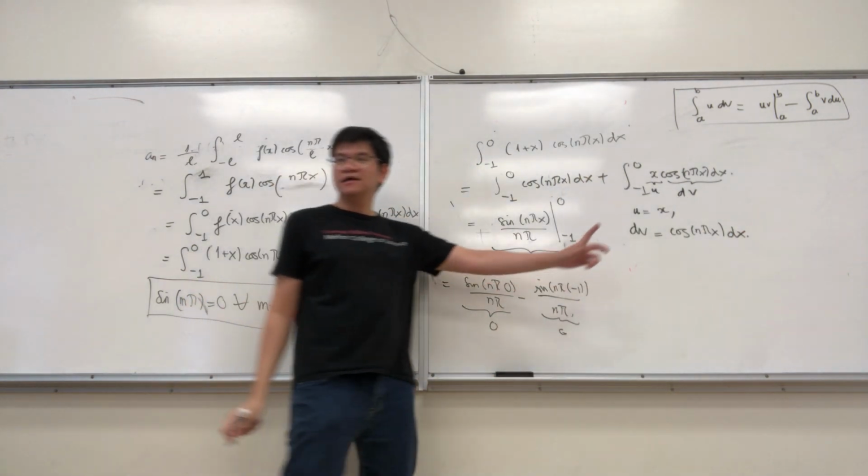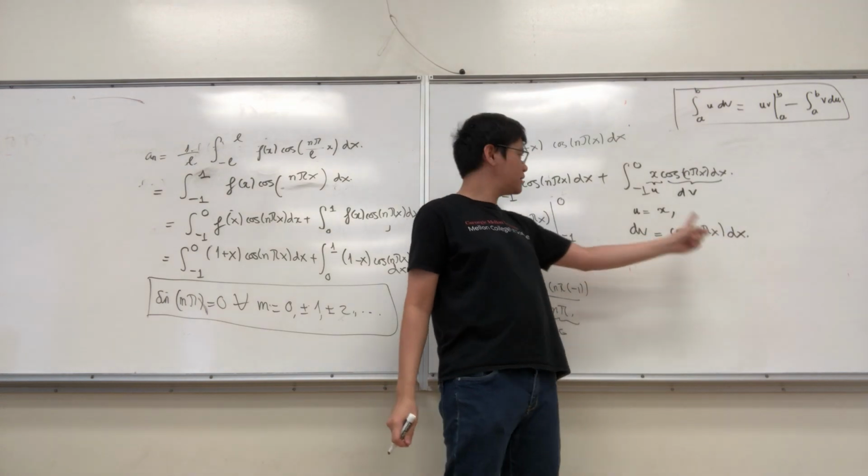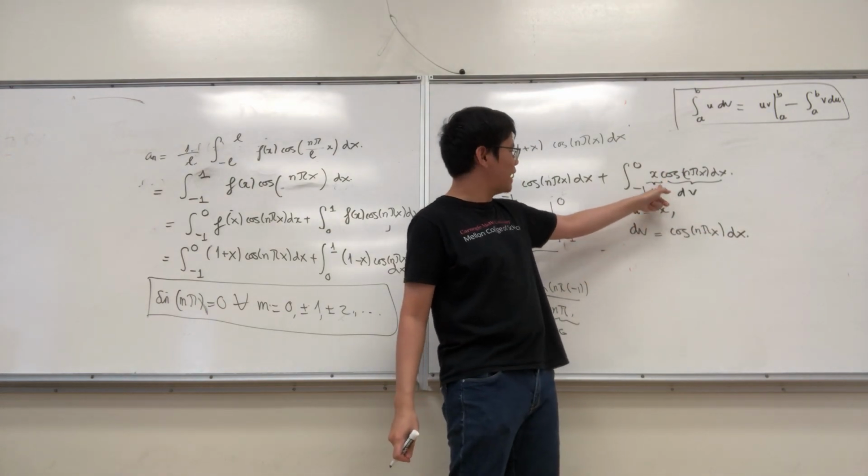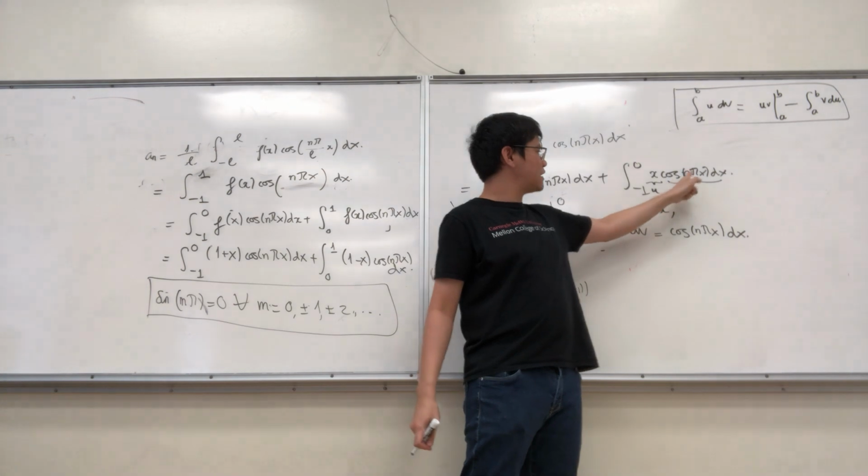So I'm going to use this integration by parts. Here, u will be x, and dv will be cosine n pi x dx.